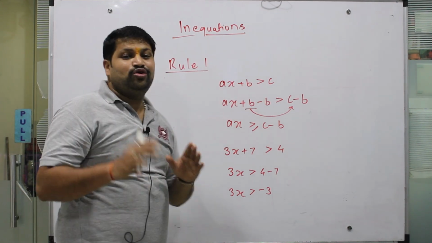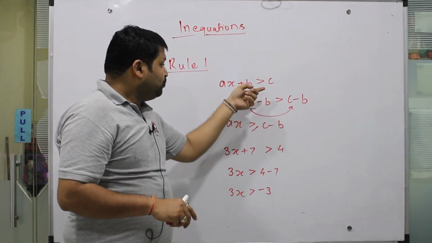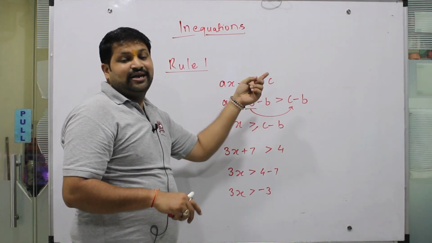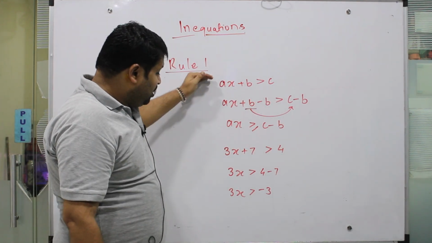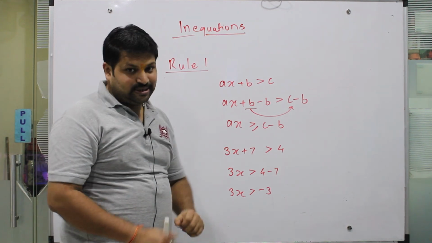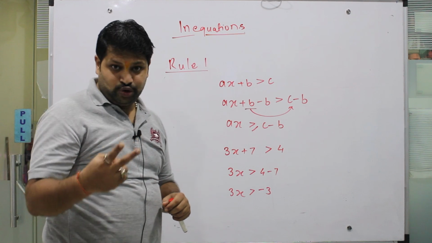Now the sign here would not actually matter when we are just transposing a plus part. So whether it is greater than, less than, greater than or equal to, less than or equal to, you don't have to worry about it. The algorithm would be exactly the same. Now let us go ahead and talk about rule number 2.